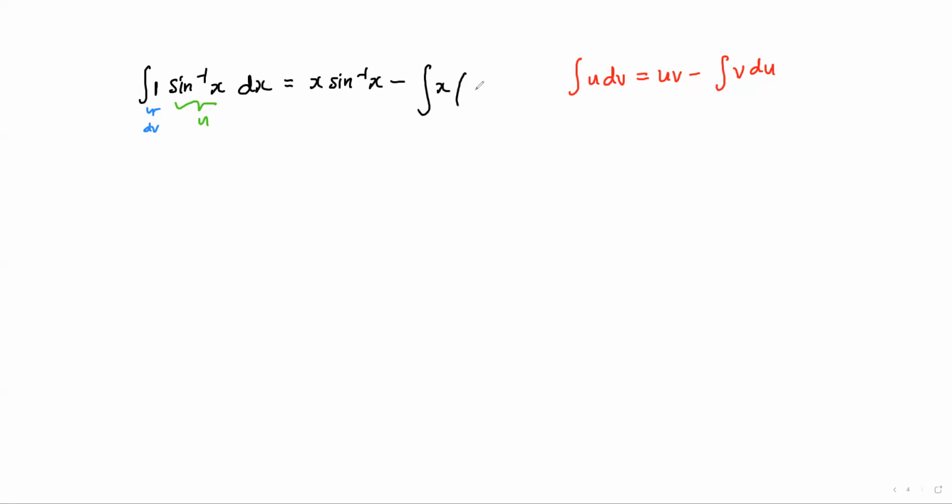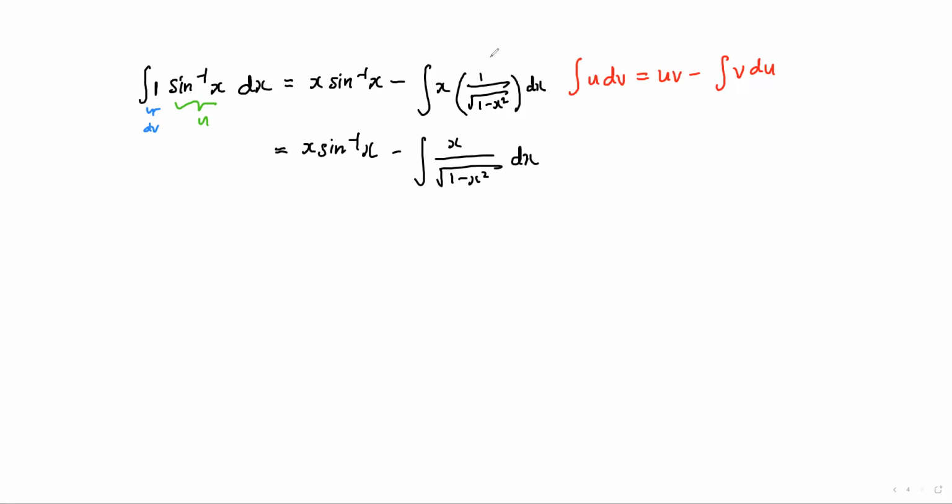So du, differentiate sine inverse, is 1 over square root 1 minus x squared. Okay, so the integral of x over square root of 1 minus x squared.